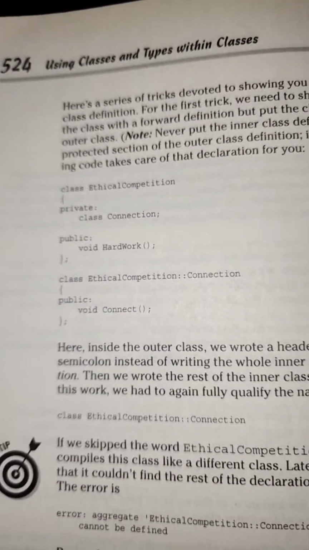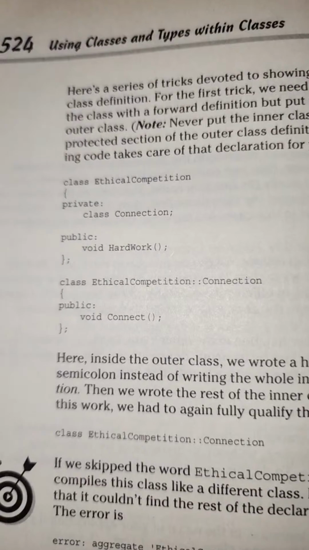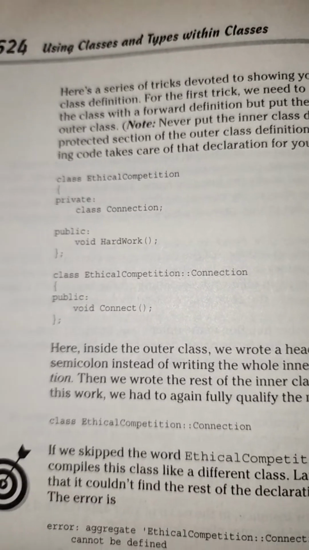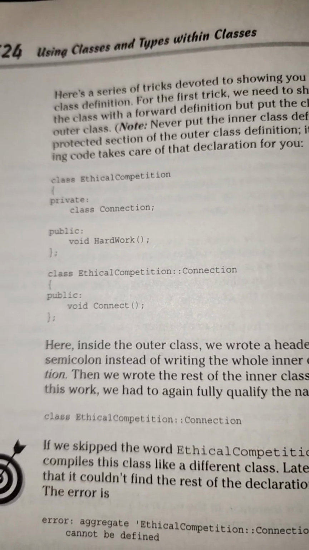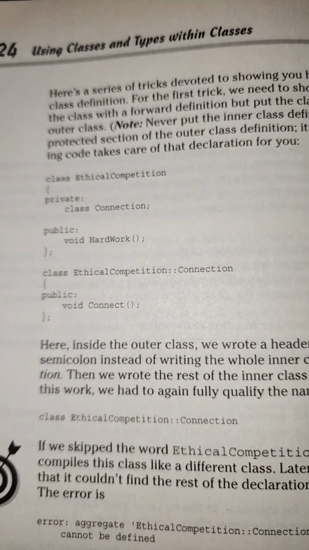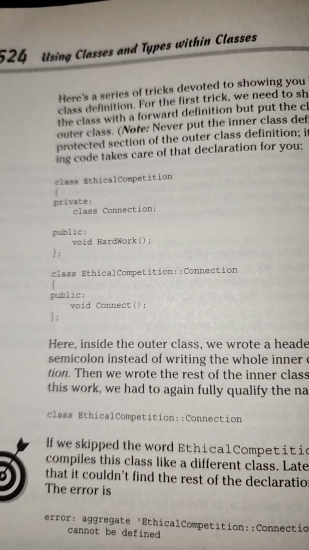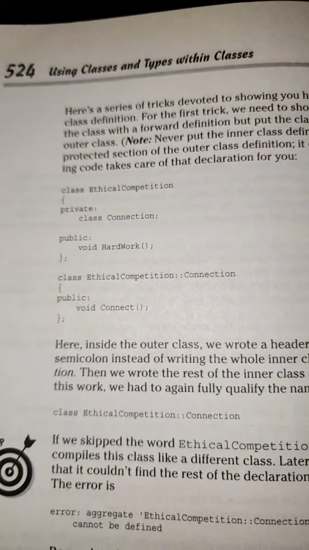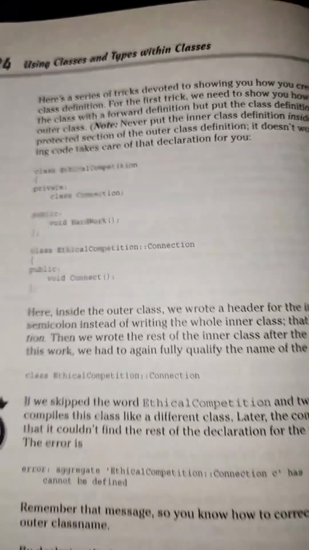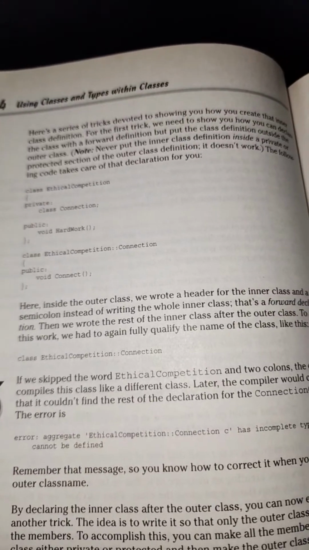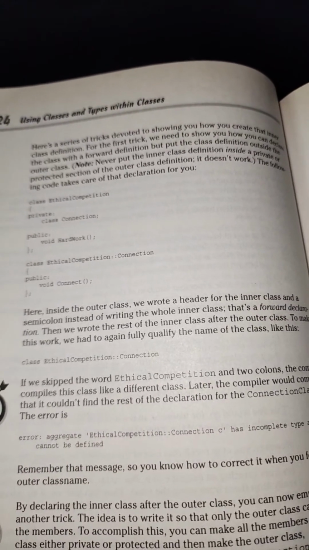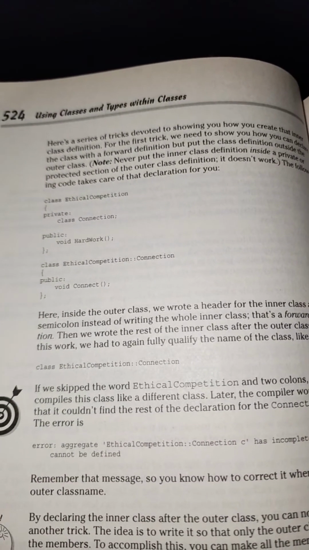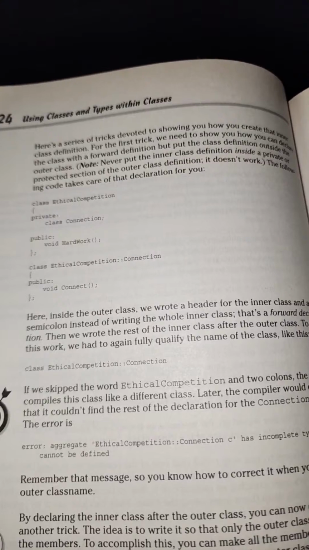Class Ethical Competition { private: class Connection; public: void HardWork(); }; class Ethical Competition::Connection { public: void Connect(); }; Here inside the outer class, we wrote a header for the inner class and a semicolon instead of writing the whole inner class.